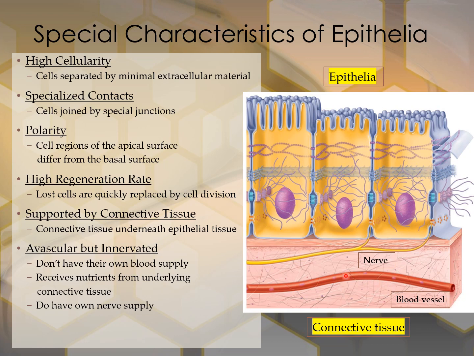So they do have their own nerve supply, so they do have some nerves up in this epithelial tissue, but again, we don't have any vasculature, any blood vessels. Okay, so the connective tissue is what brings in the nutrients and oxygen from the blood vessels.